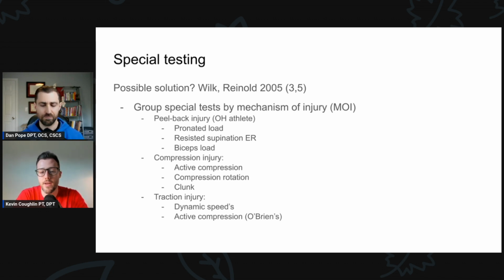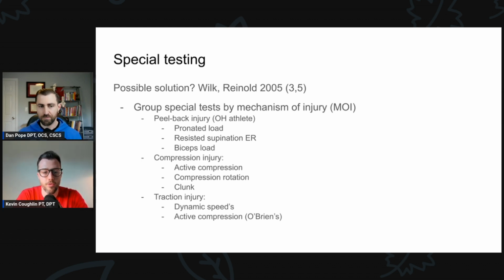Versus finally a traction type injury. Maybe we're considering a Speed's test or a dynamic Speed's test and an active compression O'Brien's test. So if we pair our special tests based on the mechanism, maybe that's a better solution. And maybe then we have a little better sensitivity and specificity for these tests than throwing everything at every person, independent of the mechanism of injury.